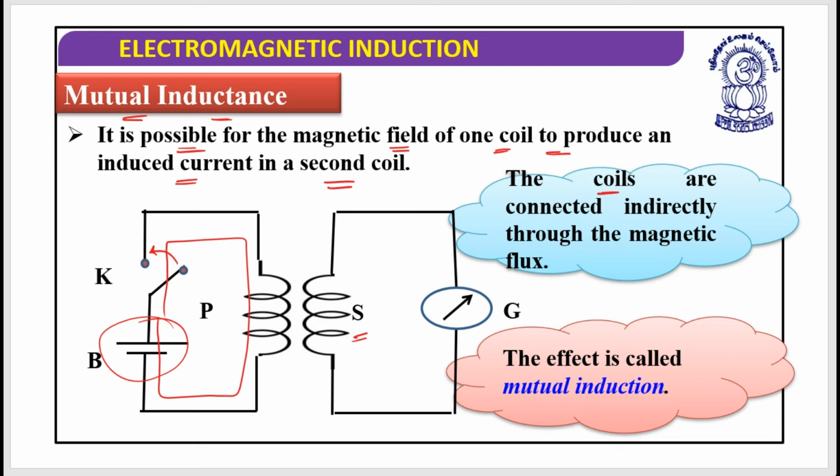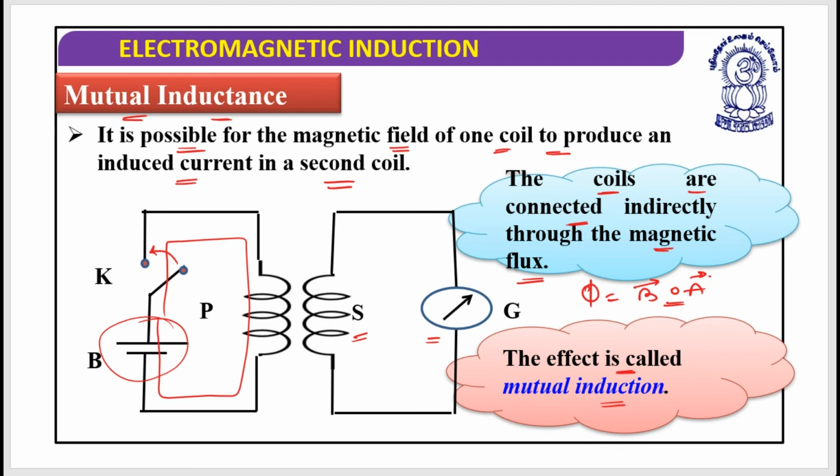The coils are connected indirectly through the magnetic flux, because phi equals B dot A, where B is the magnetic field, and a field is a kind of energy that can propagate anywhere. Due to this magnetic flux, current is induced in this coil. This effect is known as mutual inductance.